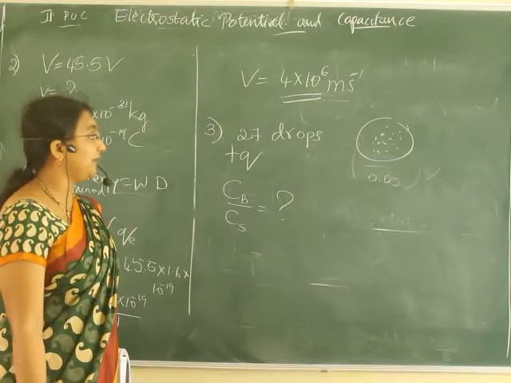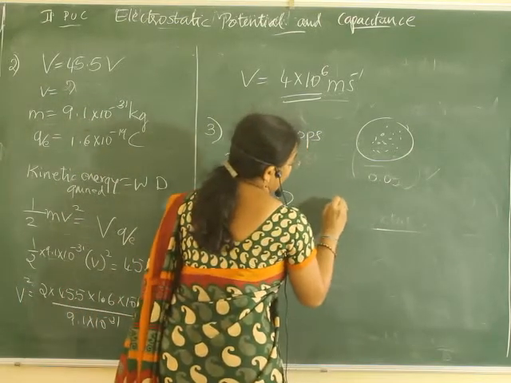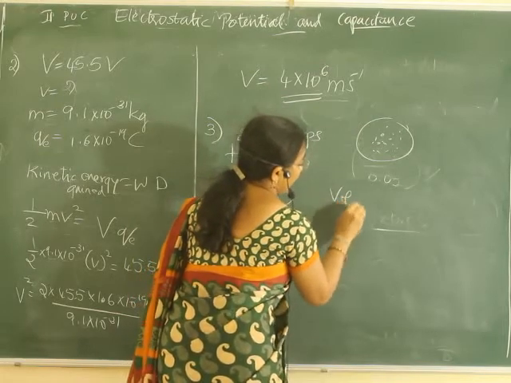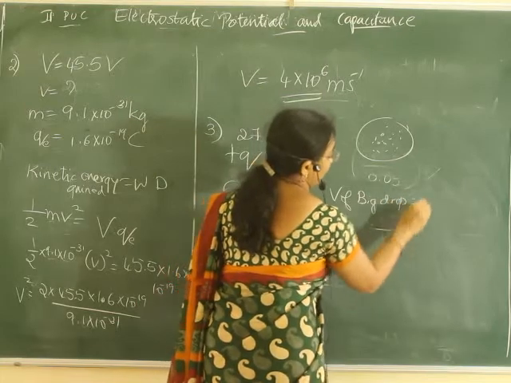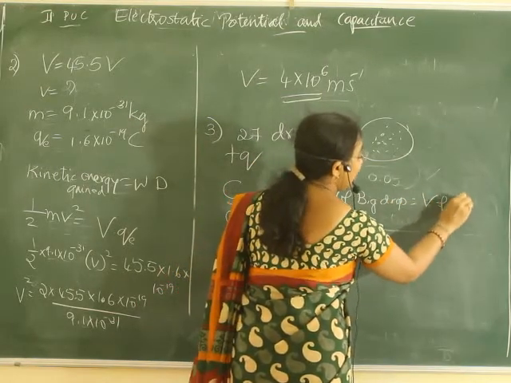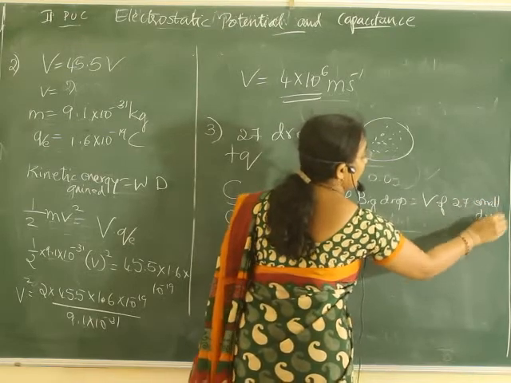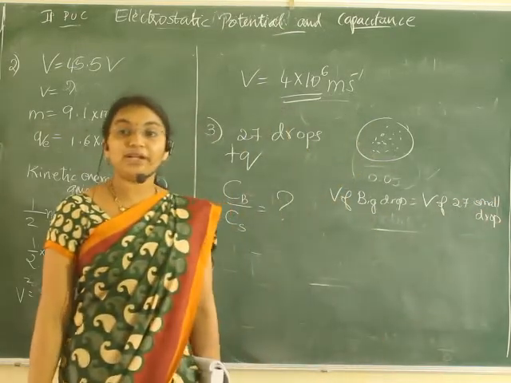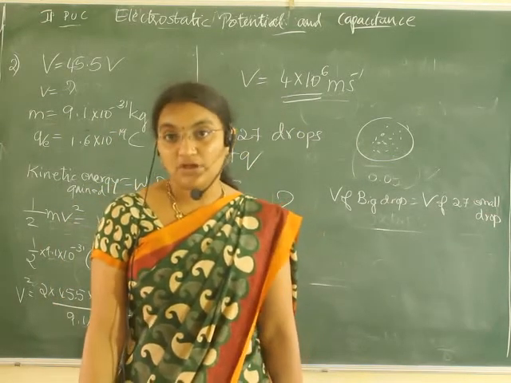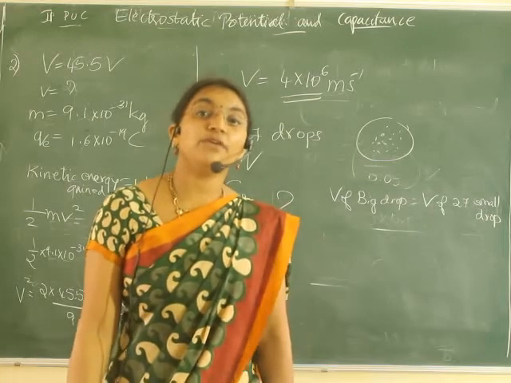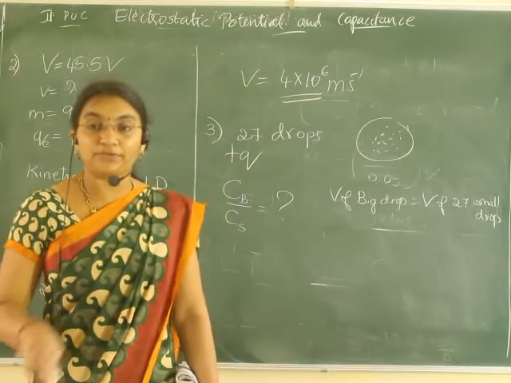Volume of the big drop is equal to volume of 27 small drops. Am I right? If all the 27 small drops are combined, only then the big drop is formed. So therefore I can say volume of the big drop is equal to volume of the total 27 drops.